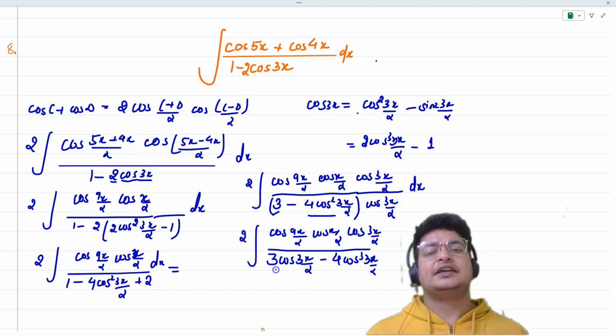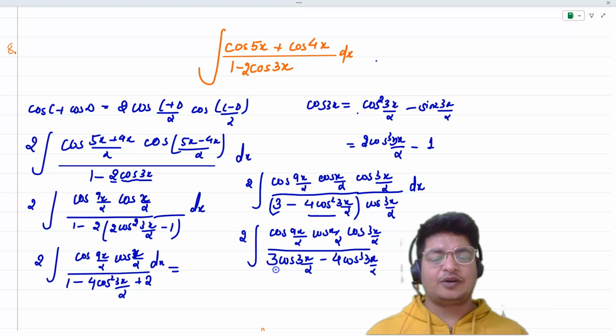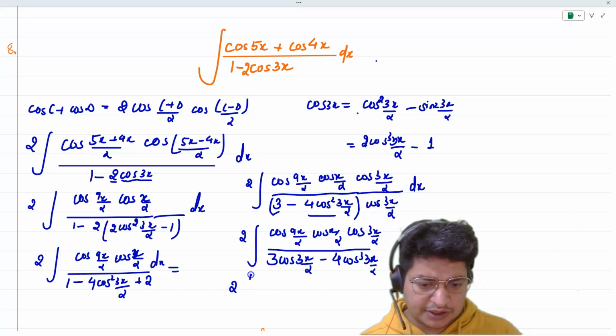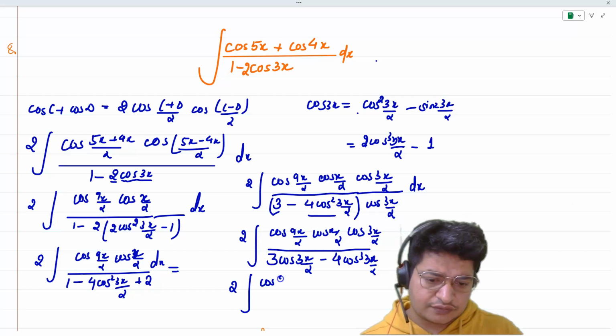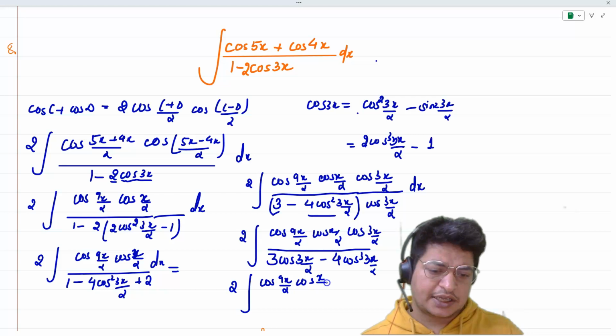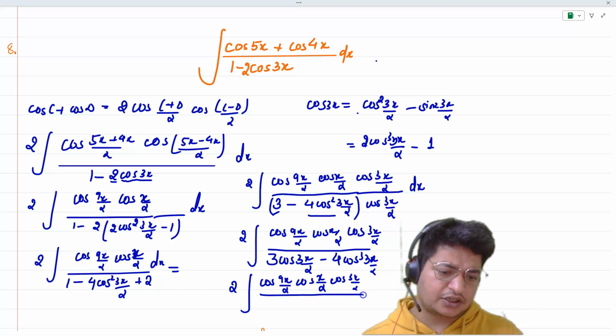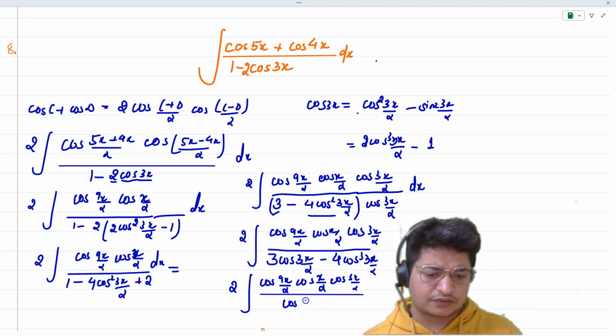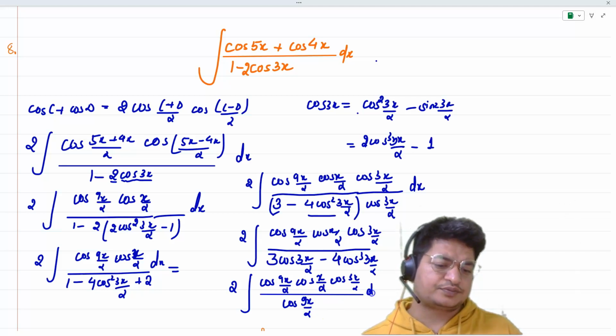So the denominator is in the form of 3 cos theta minus 4 cos cube theta, which means we can write it as cos 3 theta. So everything will be written as 2 cos of 9x by 2 and cos of x by 2, the last one is cos of 3x by 2, and the denominator will be cos of 3 into 3x by 2, which is 9x by 2.